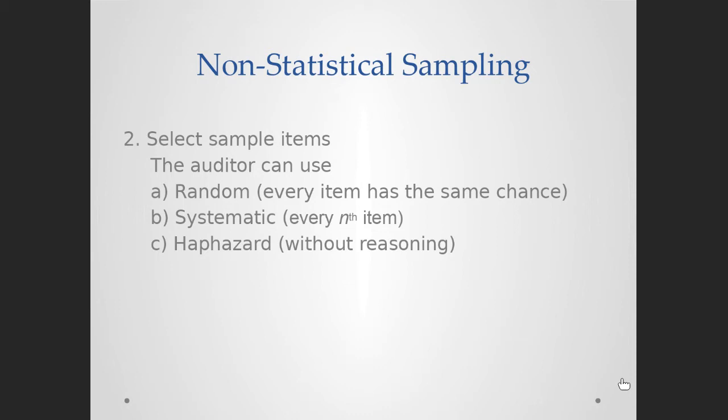I'm sorry, I made a mistake. It is population size divided by sample size. That's the correct one. Forget the first. So population size divided by sample size is called the sampling interval.